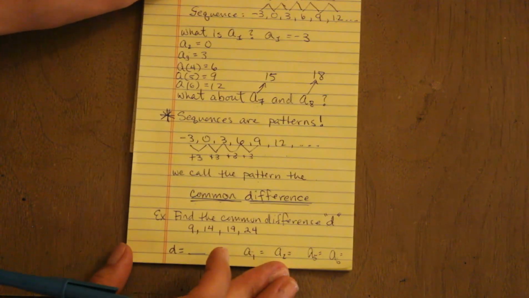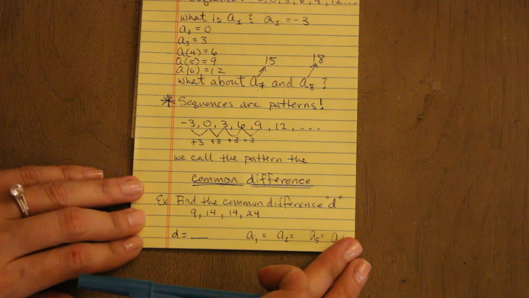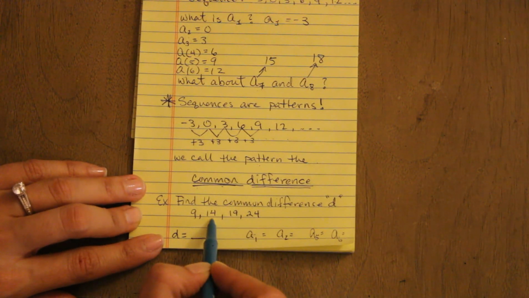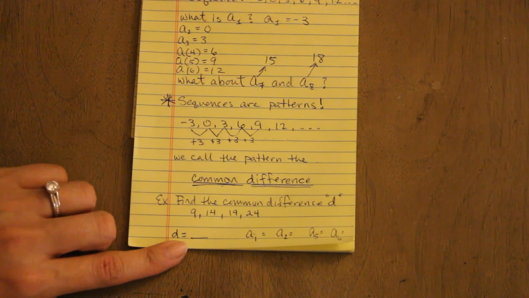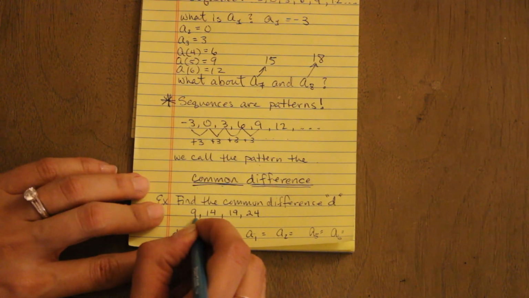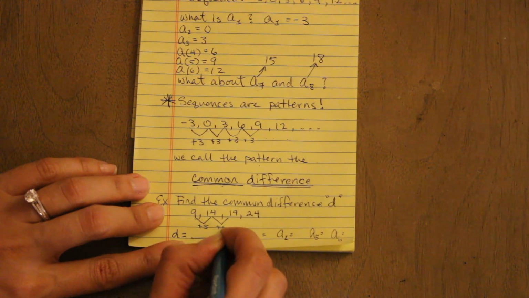So final thing, I just want to look at one more sequence. And here we have 9, 14, 19, 24. Take a look and tell me what the common difference is. If you checked, you should have seen that the common difference was 5.